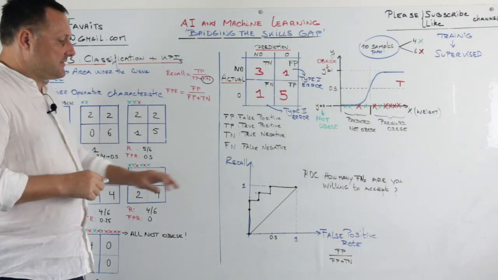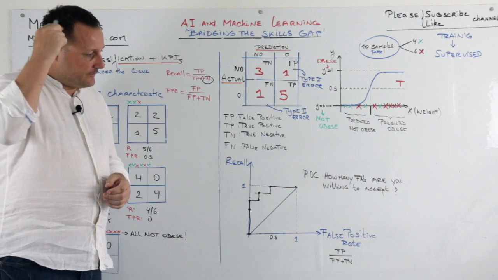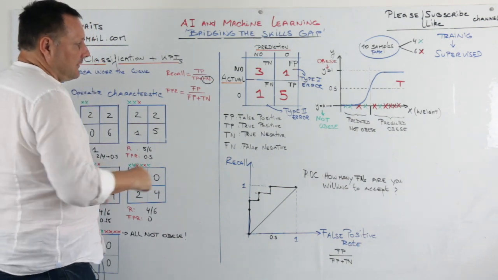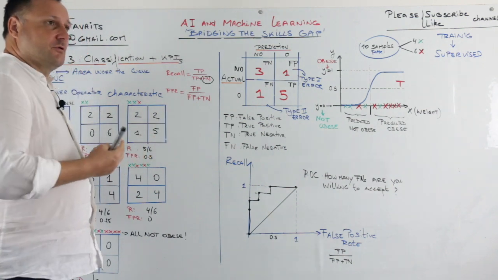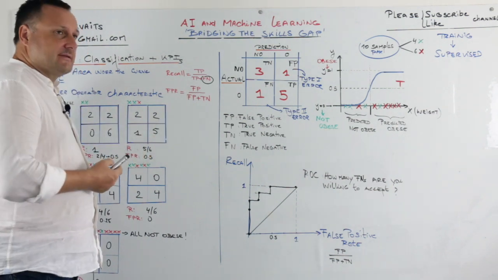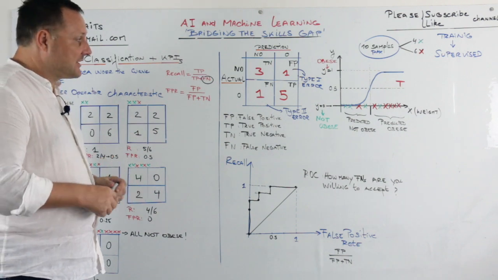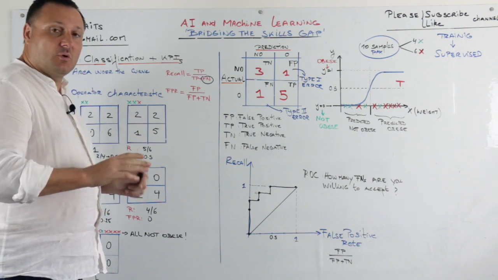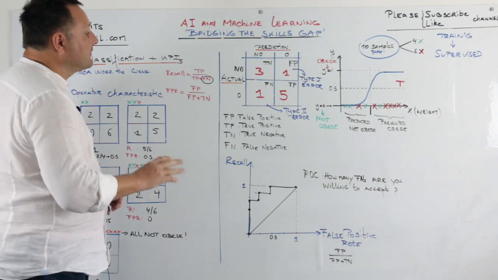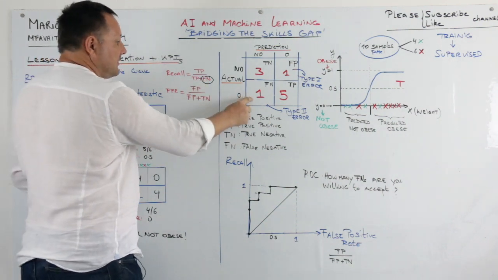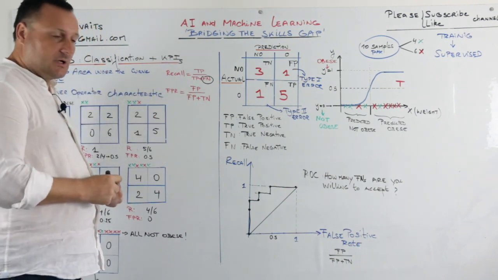Okay, now what does this ROC curve tell you? Well, remember the cancer story. We don't want to face the case where you predict somebody has no cancer and the person actually has cancer. You don't want such a situation. If you don't want such a situation, meaning false negatives should be 0, that means your recall should be 1.